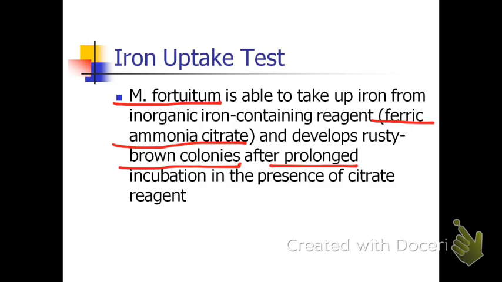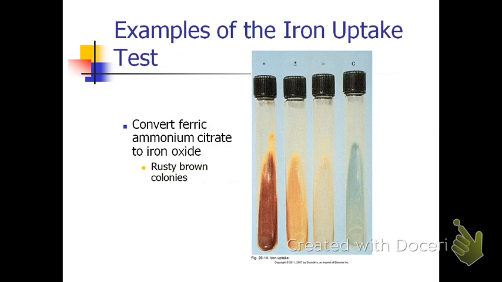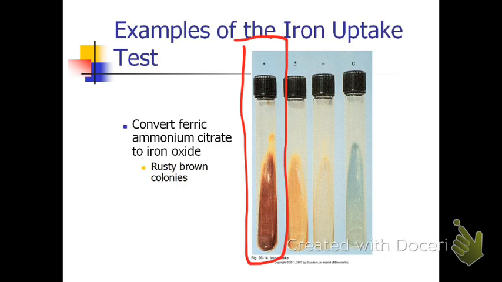But you have to have a citrate reagent added in the solution for you to see the rusty brown colonies. So this is considered the positive result in the iron uptake test. The presence of rusty brown colonies means that the ferric ammonium citrate has already been converted to iron oxide. A negative result would be like this, and this is the control.